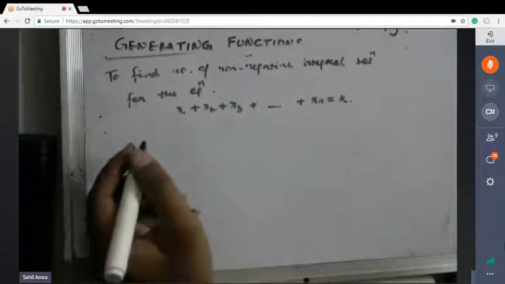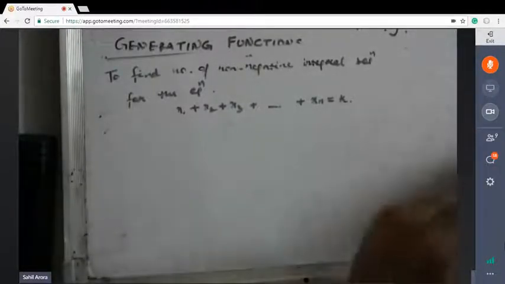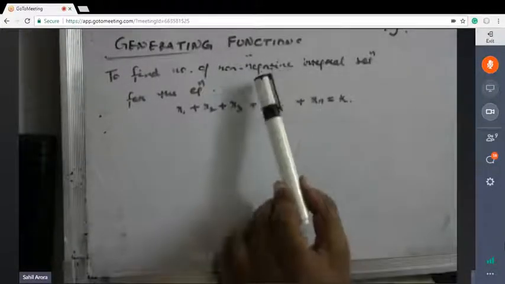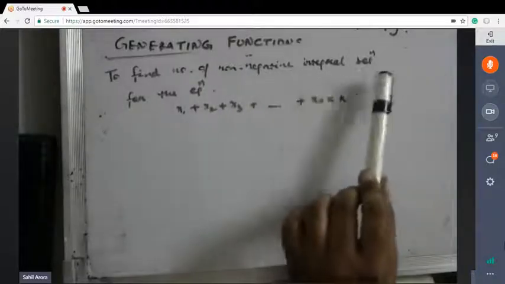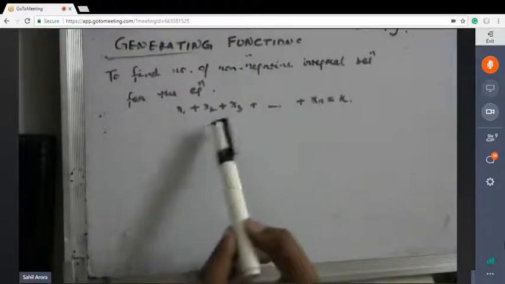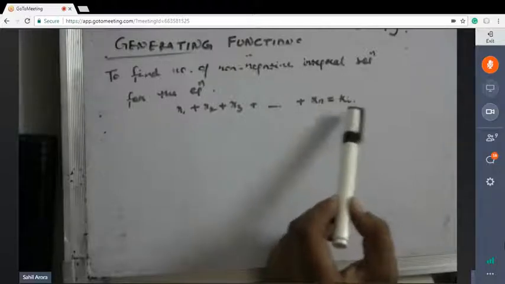So the question says we need to find the number of non-negative integral solutions for this equation.